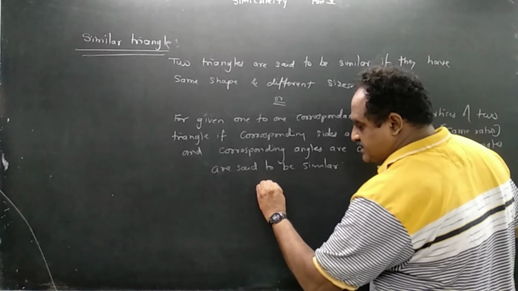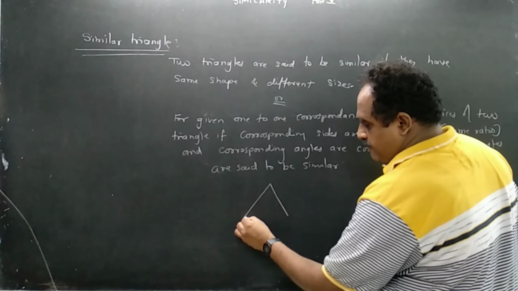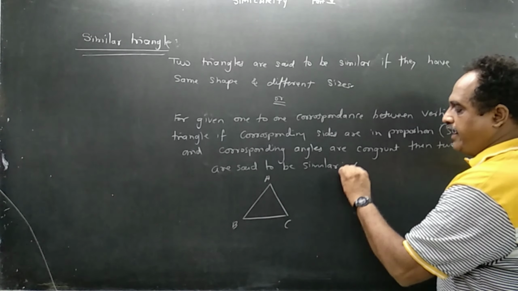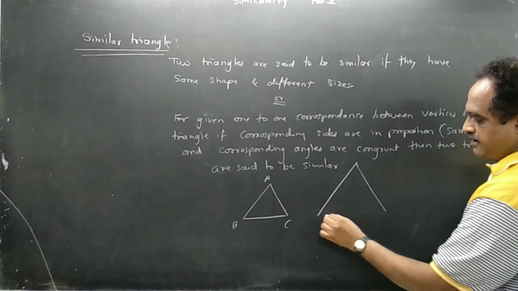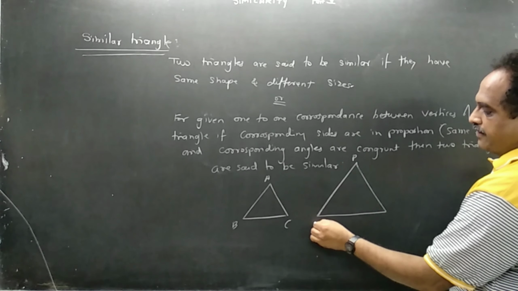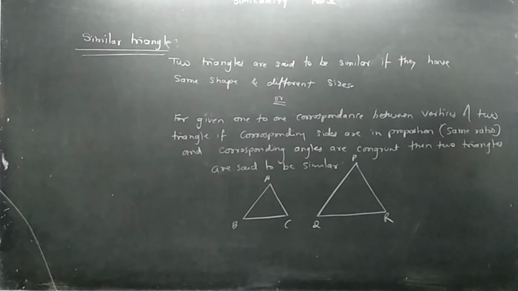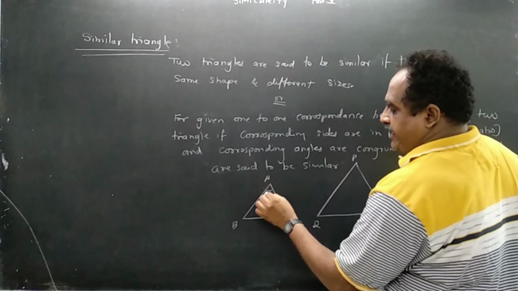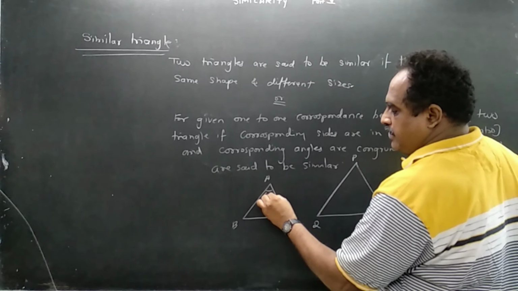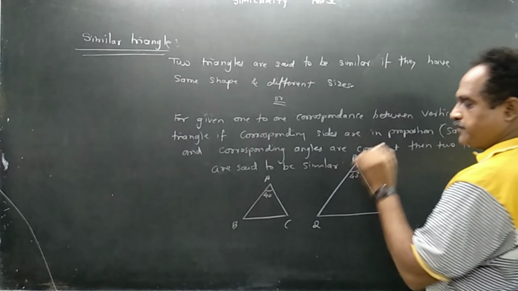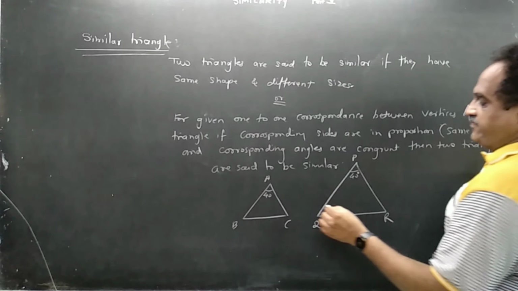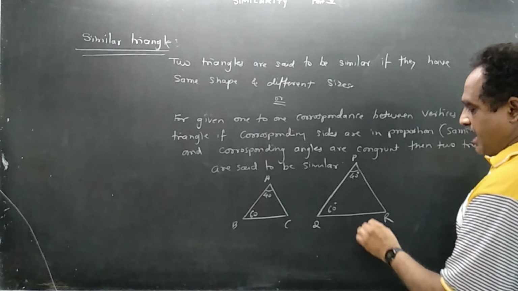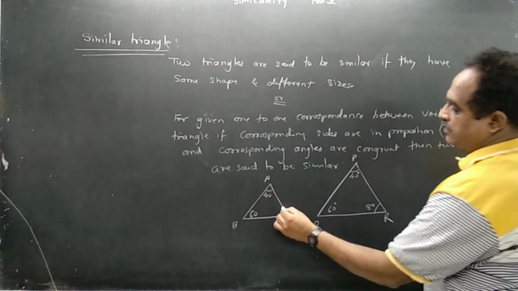See, if I give the example like this, triangle ABC and a bigger triangle, say PQR. If it is 40, this will be 40 only. If it is 60, this will be 60 only. If it is 80, this will be 80.